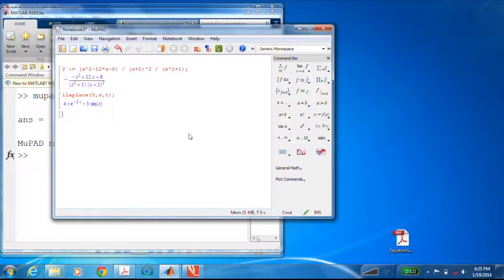So there it is. For the other example we did, I'll do another one. y was equal to, in the numerator, 6 times s squared minus 15 times s plus 116, and in the denominator we had s, and we also had s squared plus 4 times s plus 29.